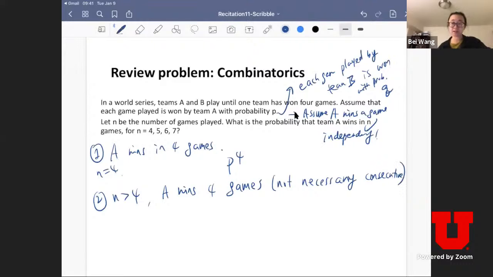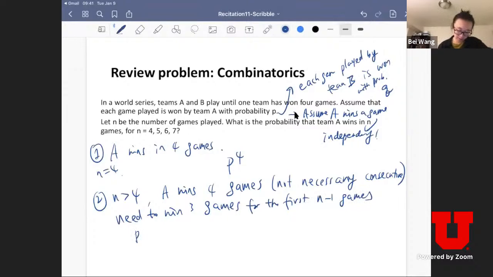So in order for A to win, among the first n-1 games, it has to win 3 of them, and then it has to win the last game.